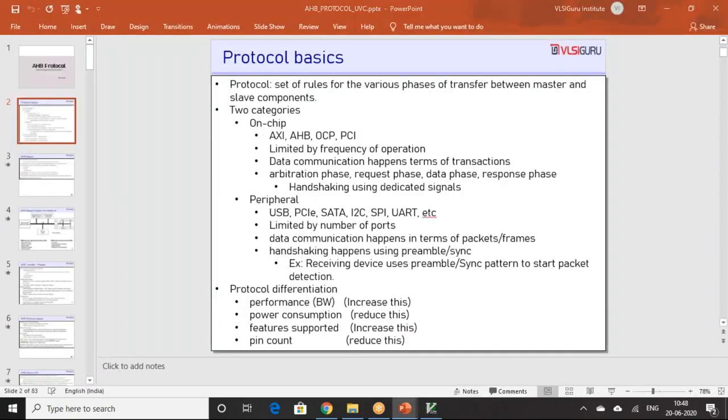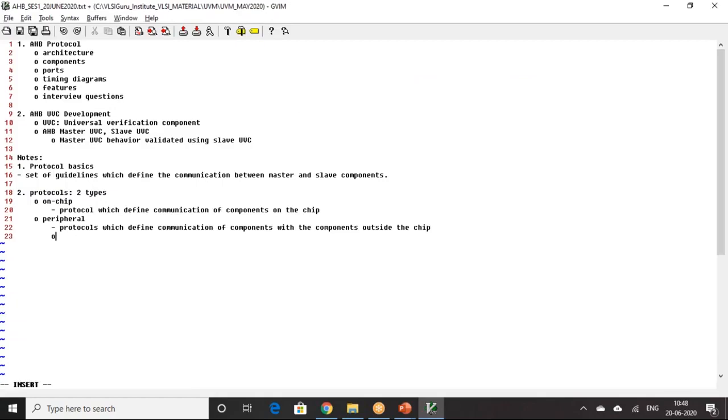Now, peripheral protocols are limited by space, by the available area, because we can't use too many ports. For example, imagine a USB pen drive.